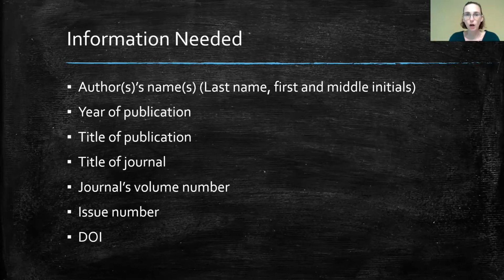However, obviously, articles can be published by more than just one author. Okay, so that is the first thing. Just with all sources, you are going to have the author's name first, followed by the year of publication, the title of the publication, the title of the journal, which I also refer to as the container. And then the new information is the volume number and the issue number.